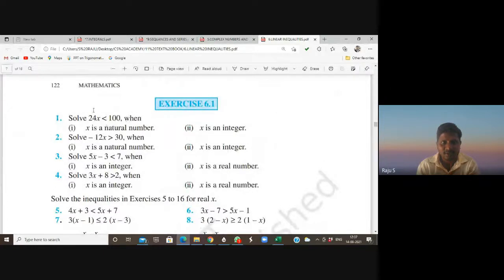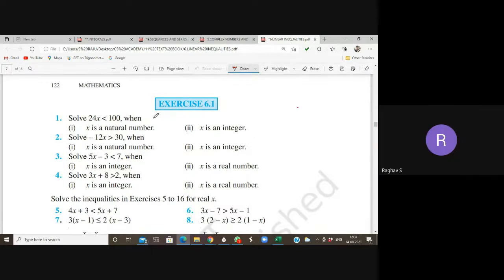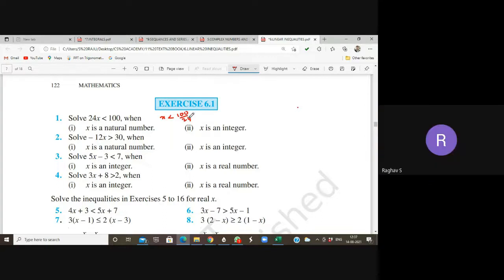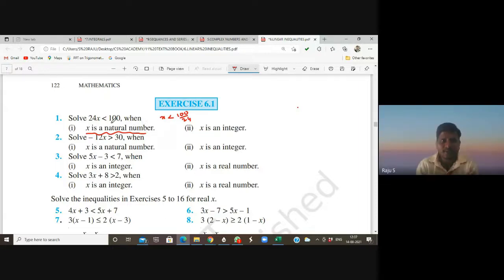What is the x value? Solve means nothing but find the x value only. X is lesser than 100 by 24, not 25. X is a natural number.